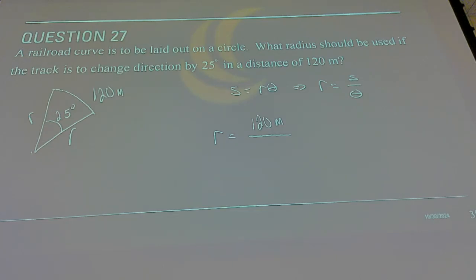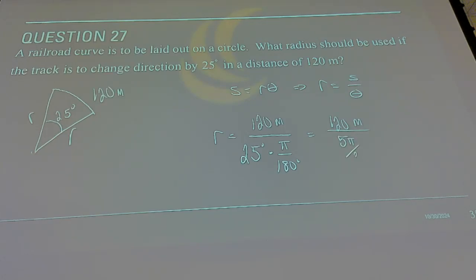So you have to multiply 25 by pi over 180. 25 over 180. They're at the very least both divisible by 5. That'd be 5 over 36. 120 times 36 over 5.